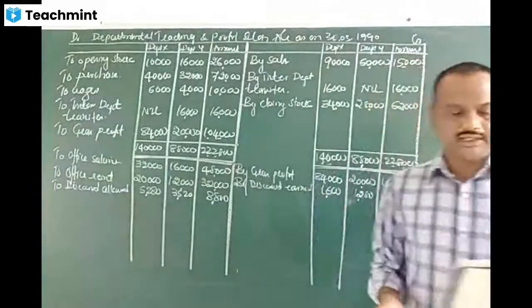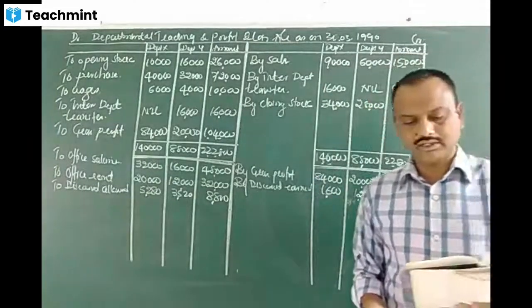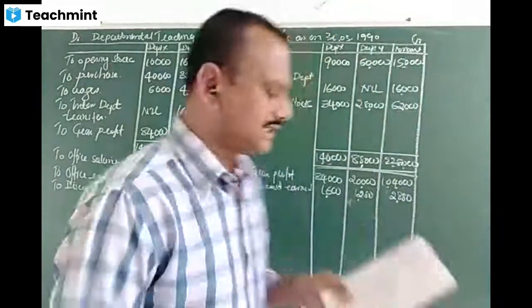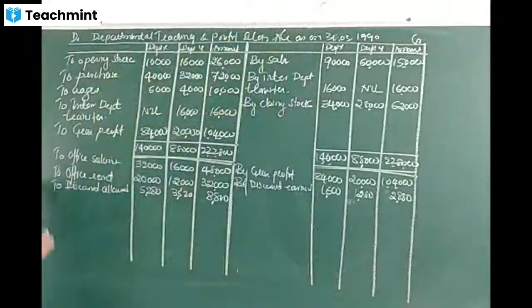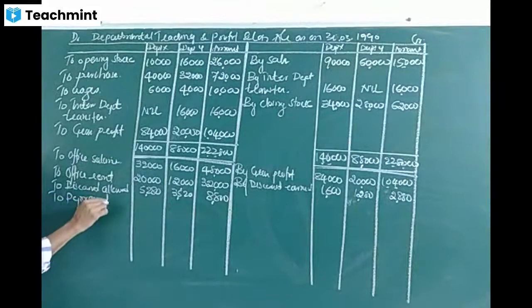Next, adjustment A is over, B is over, and come to C, that is depreciation. There are two assets to be depreciated. First one, furniture.